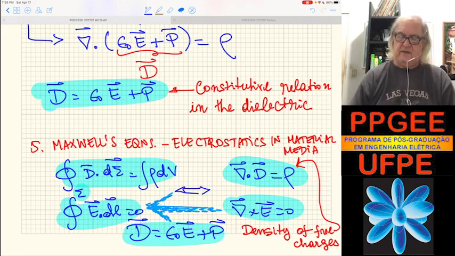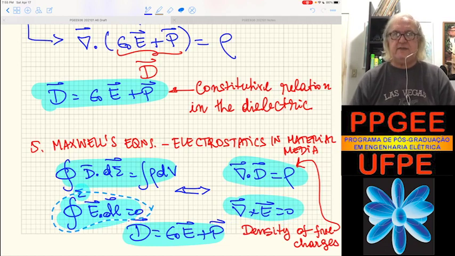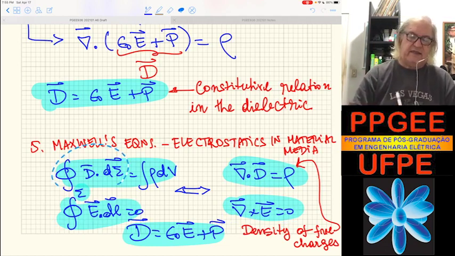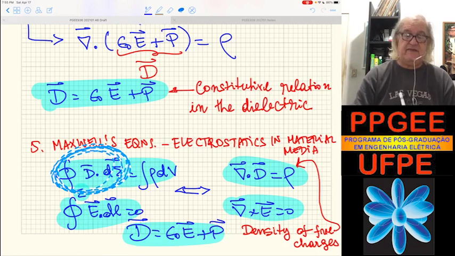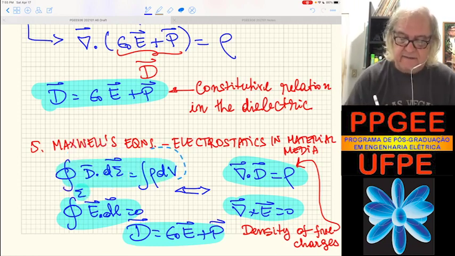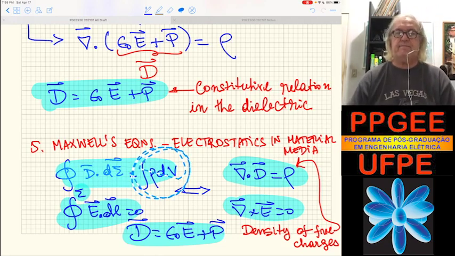So curl of E equals 0 yields that the E field has 0 circulation. Gauss's law says that the net electric flux going outside of a volume bound by a surface equals the net free charge inside of that volume, okay?